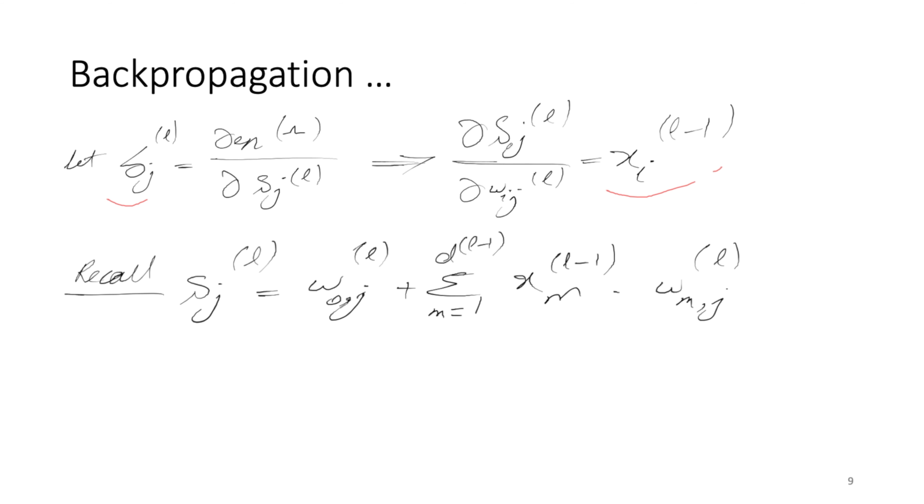And if you recall, we computed this two sessions ago. S_j of L was equal to W_0j in the layer L plus the summation from i equals 1 up to d of L minus 1 of all those inputs, x's and the W's, right?